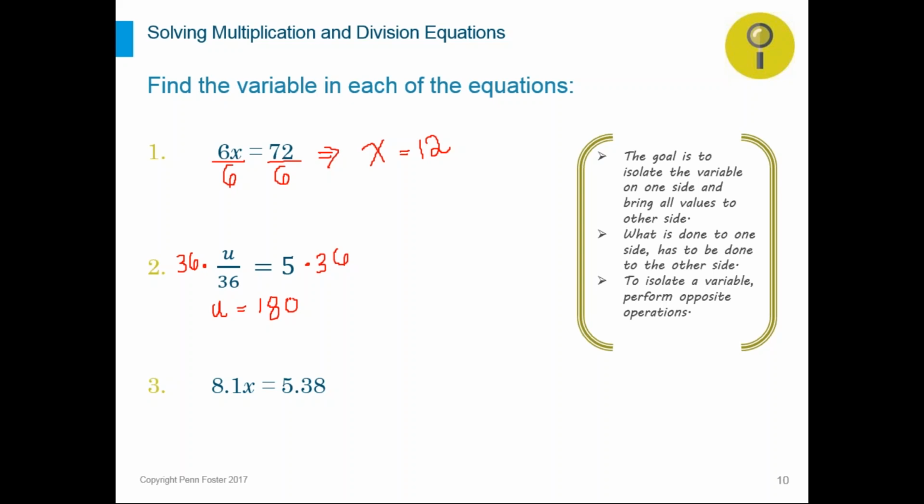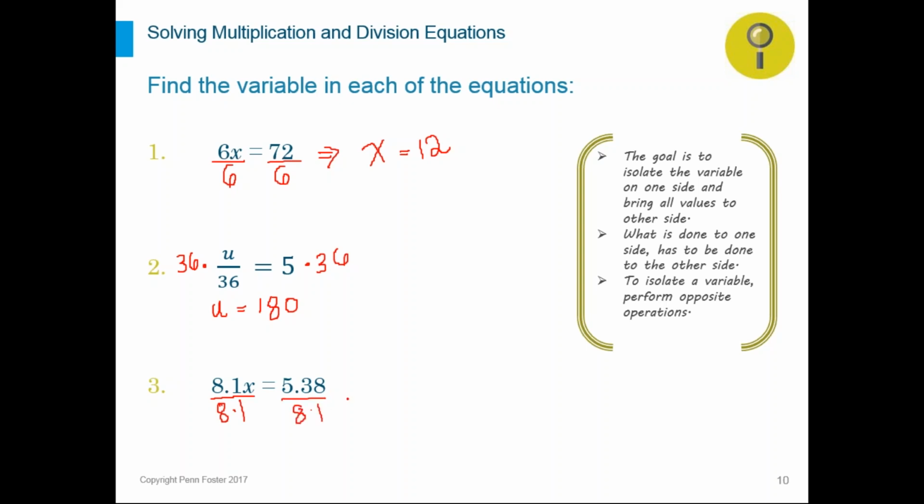The third one, I see decimals in our equation. I'm not going to panic. I'm going to use the same rules. It's a decimal number times x equals another decimal value. Divide by that number that's multiplied to the x because I'm trying to undo the multiplication. Divide over 8.1 and divide over 8.1.